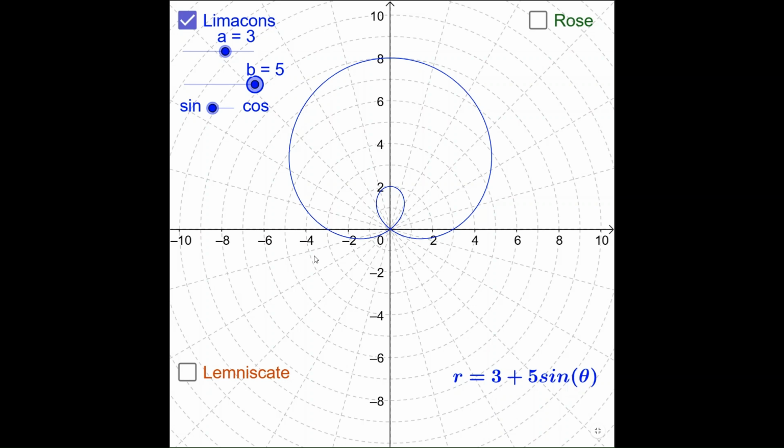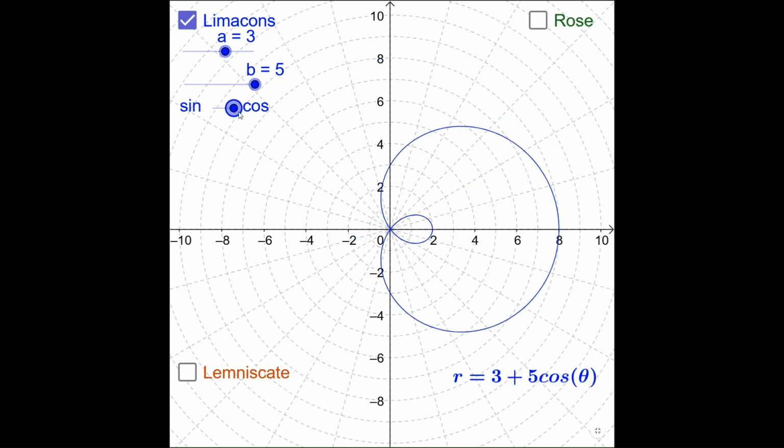So just kind of in general, we could think of, for the inner loop graphs, b plus a, and then b minus a is where it's going to hit the axis of symmetry. And that's going to be true whether we're talking about a sine graph or a cosine graph, right?